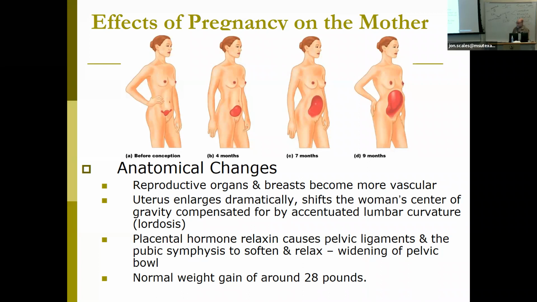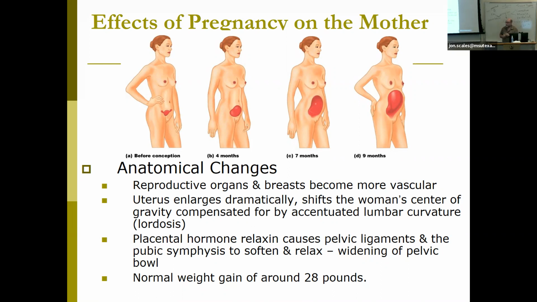So the HCG, one of the other things that it's doing is inducing changes in hormonal sensitivity. So all of the cartilaginous symphysis connections in the body alter. They become softer or more pliant.